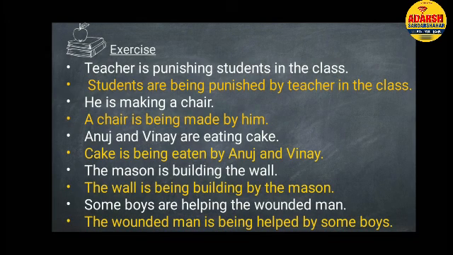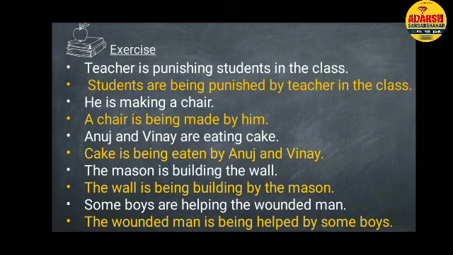Here it is, the wounded man is being helped by some boys. So here you can see I put our object, the wounded man, in the place of our subject, and our subject, some boys, in the place of our object. And we used here helped, which is verb's third form of helping.